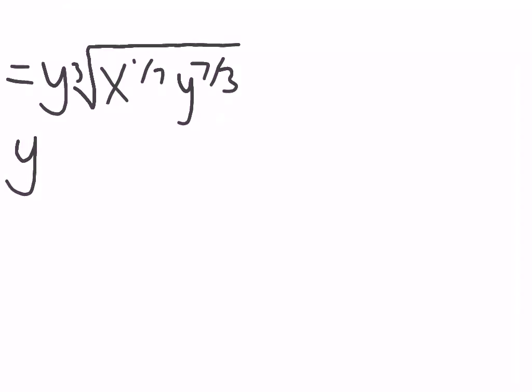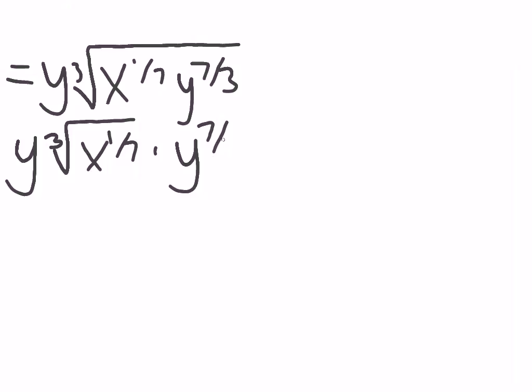show you that I can rewrite this as y times the cubed root of x to the 1/7 times, well, the cubed root of something is also raising it to the 1/3 power. So I raise y to the 7/3, all raised to the 1/3 power, because it's the same thing as taking its cubed root.